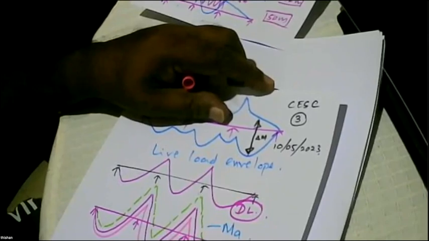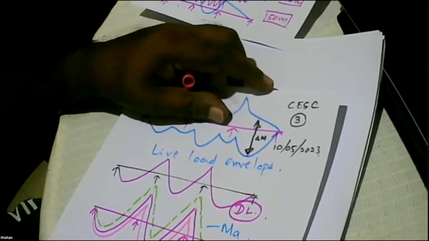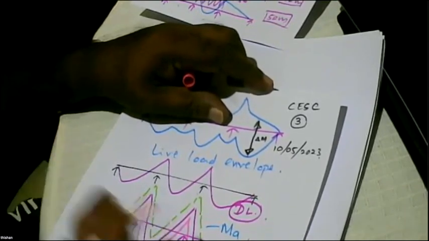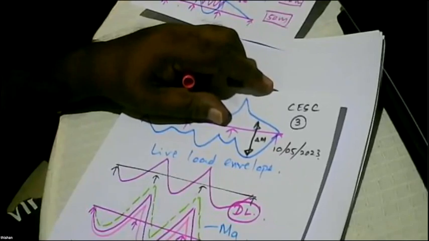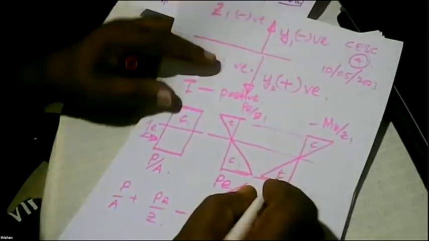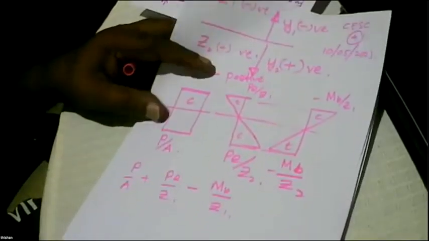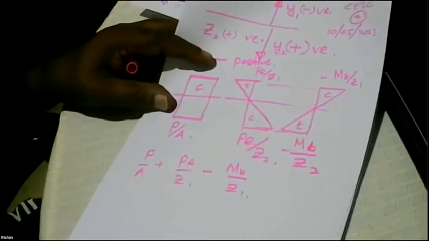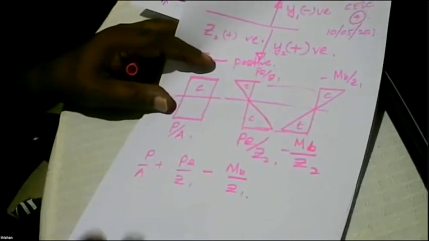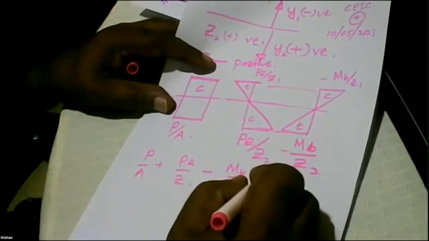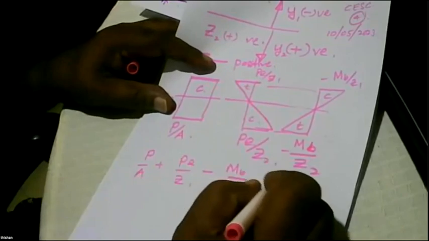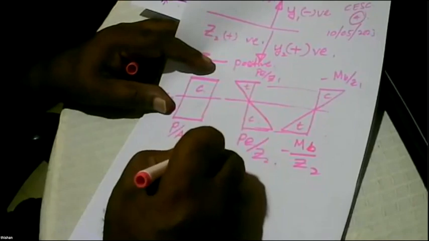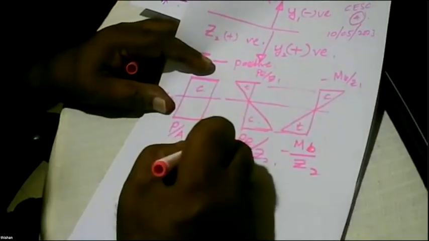When you apply this sagging moment, what happens is you will get the beam failing with tension at the bottom, compression at the top. So that's what I have done. Tension at the bottom, compression at the top. So here for the top fiber, it's going to fail in compression.